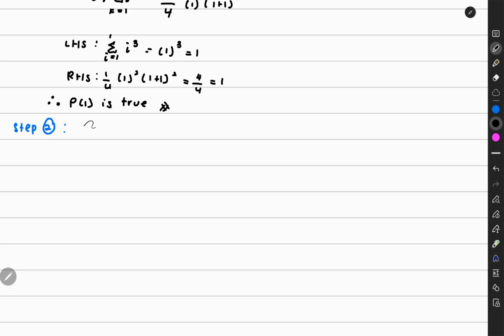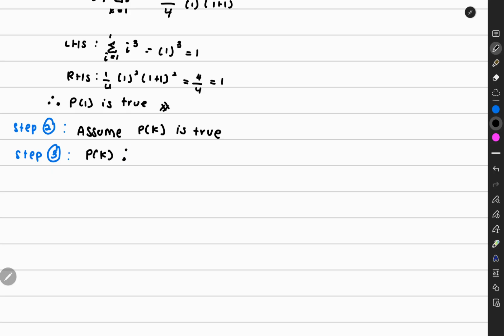Your P of this specific integer is also assumed. We just assume this P of that specific integer k is true. So it is not n, n is general. We want one specific k. So now what you need to do is write down your statement P(k), which means the upper bound of your summation should be k.